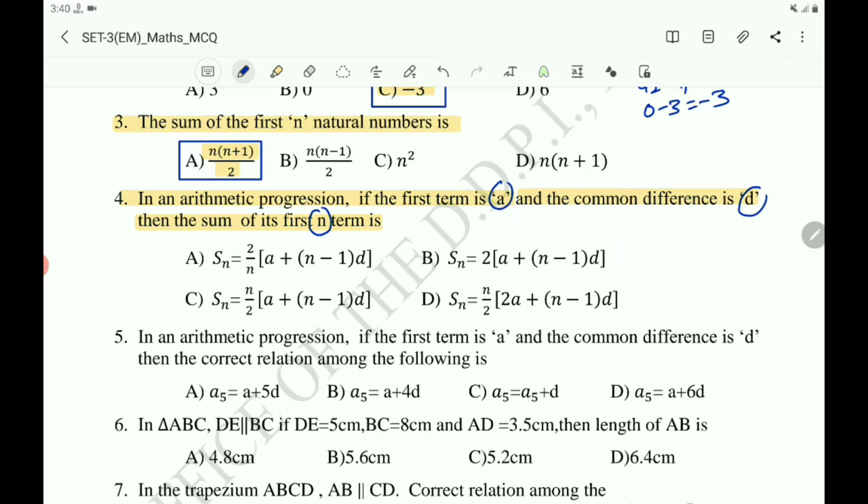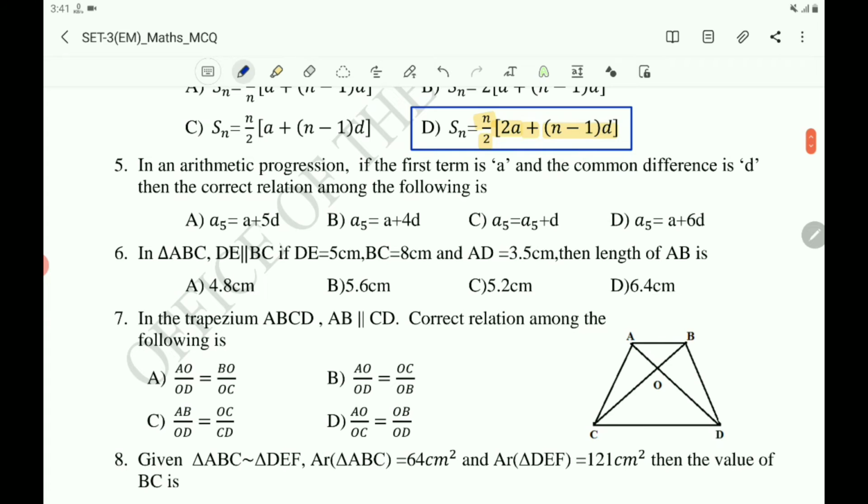That is Sn equals n by 2 into 2a plus n minus 1 into d. Then option D is the answer. Note here, option D is the answer.